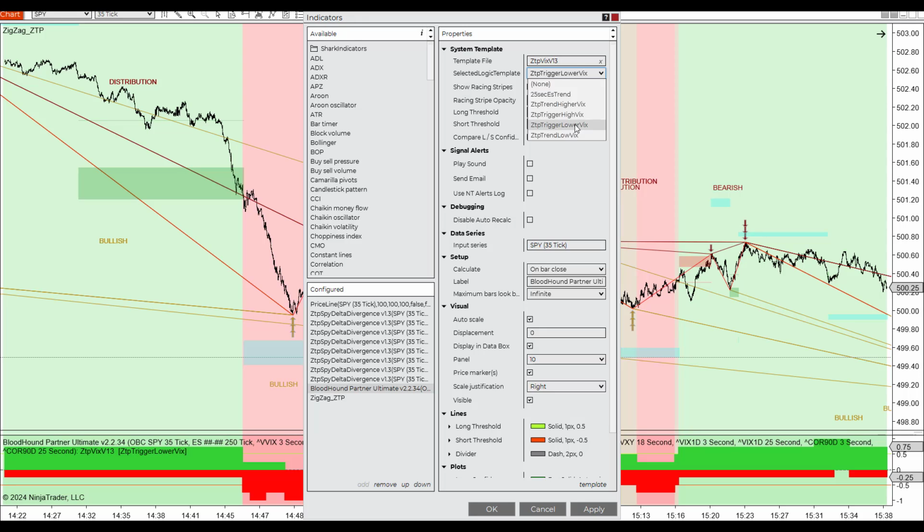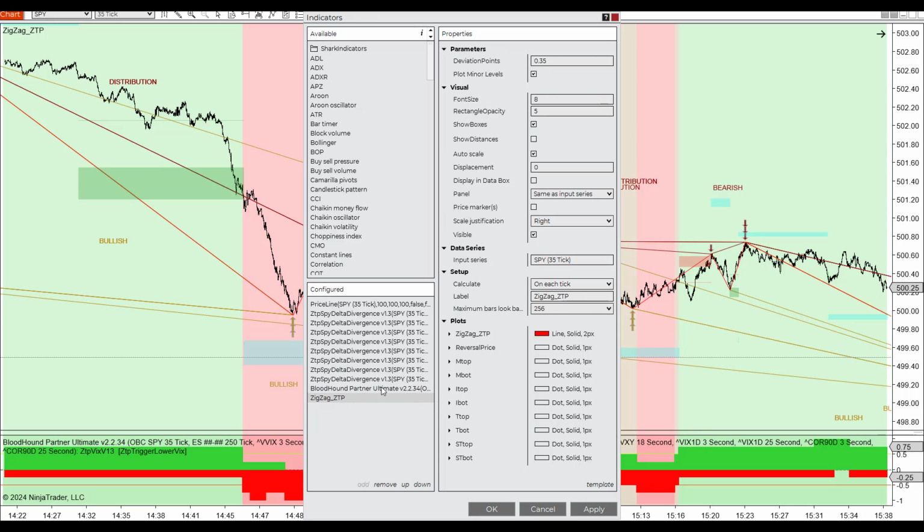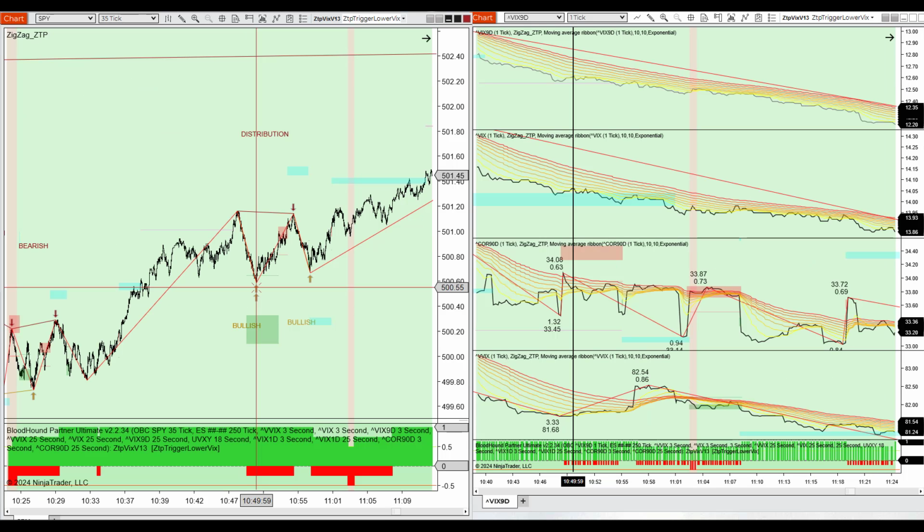So what I want to see on this chart is what the VIX trigger chart is telling me. And then the last thing, of course, is I put the zones on the chart with a zigzag of 0.35.